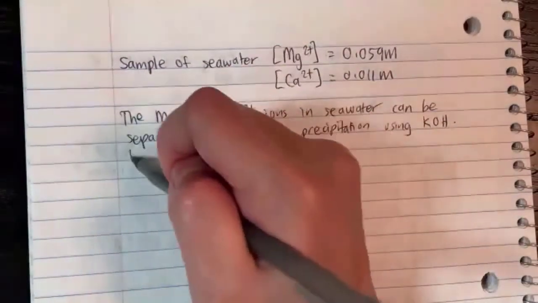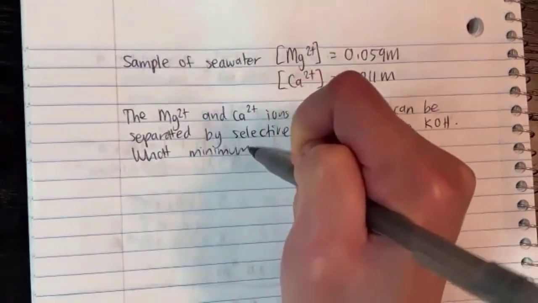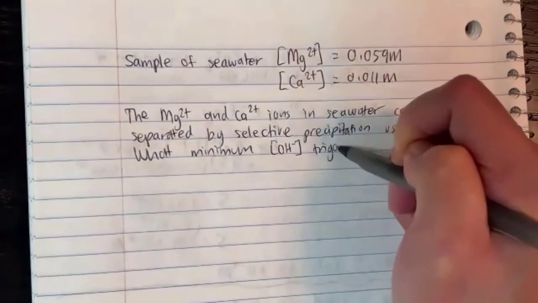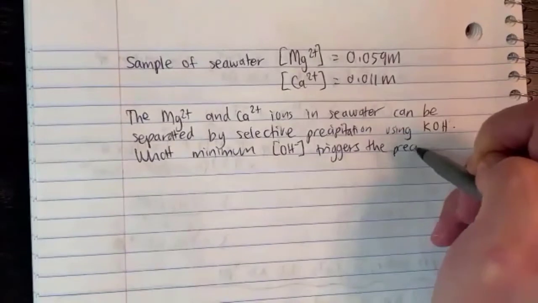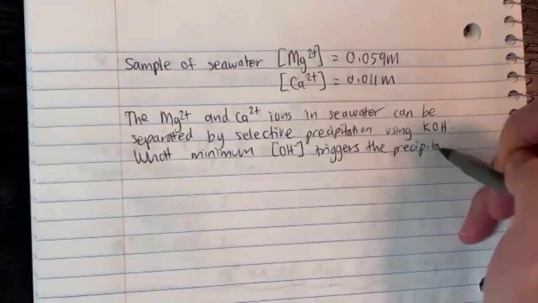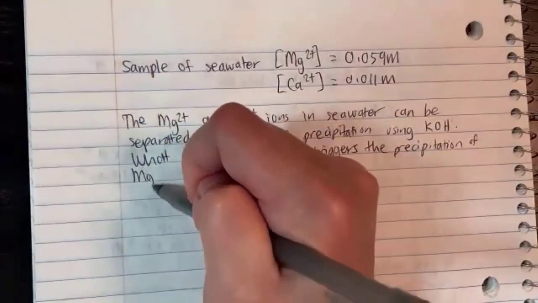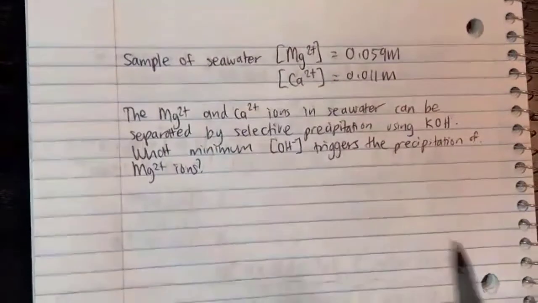So what minimum hydroxide concentration triggers the precipitation of magnesium 2+ ions? So I'll give you the KSP for these two.